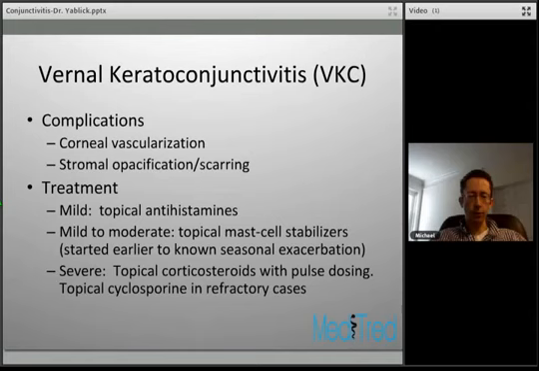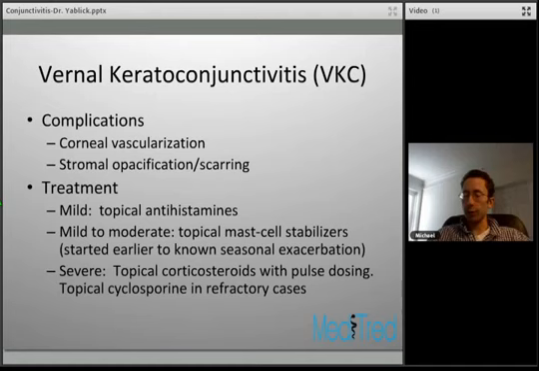And remember that mast cell stabilizers take a few weeks to actually work once you start them. And so if you start them a few weeks before your patient's typical symptoms begin, then that may help control their symptoms. If you have severe disease, then you might need something as drastic as topical corticosteroids.